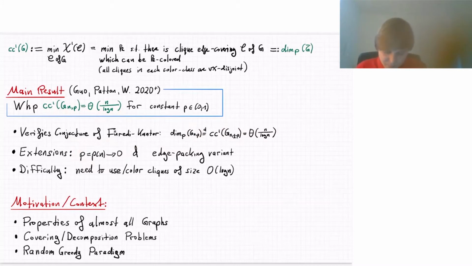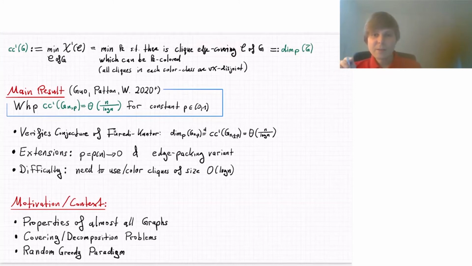And we can also strengthen this result in the sense that when we looked at this property, we were always looking at clique edge coverings. That means that every edge of your graph needs to be contained in at least one clique.